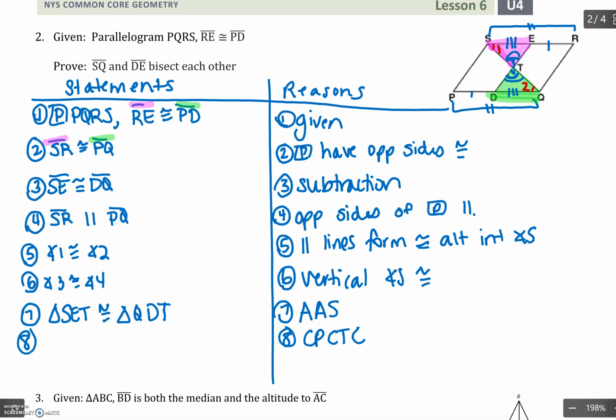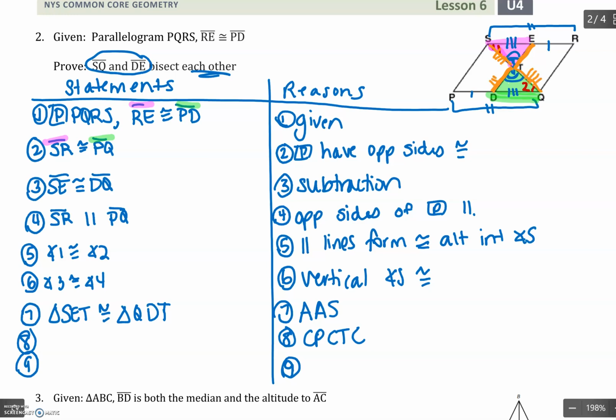The pieces that I'm going to use are going to have to end up leading me to SQ and DE bisecting each other. So not just one bisecting, but both of them. That means I need to use ST and TQ being congruent, along with DT and TE being congruent. I need both.